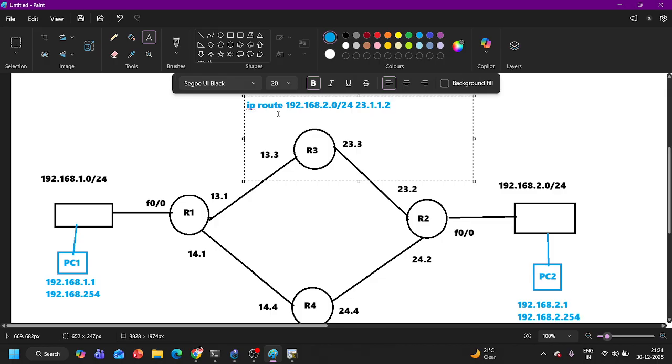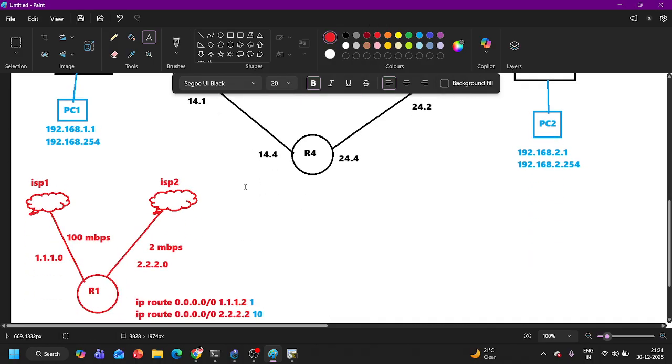Okay, let's say next hop IP address only: next hop 23.2. And then also the IP route for the subnet 192.168.1.0, and next hop is 13.1. And AD value 10. This will be my static route on router number 3.